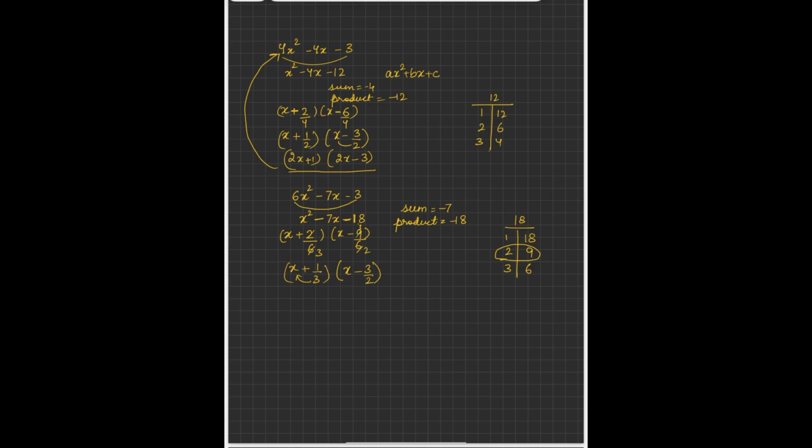Now we'll multiply with 3 and 2 respectively. We get 3x plus 1 into 2x minus 3. Now when we multiply these two, the product of 3x plus 1 and 2x minus 3 is the given expression 6x square minus 7x minus 3.